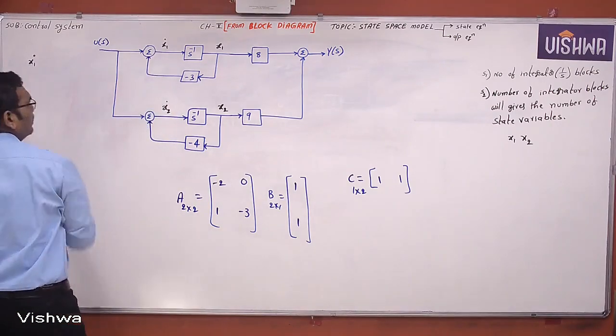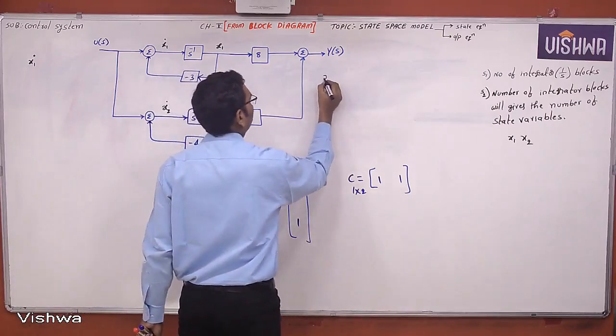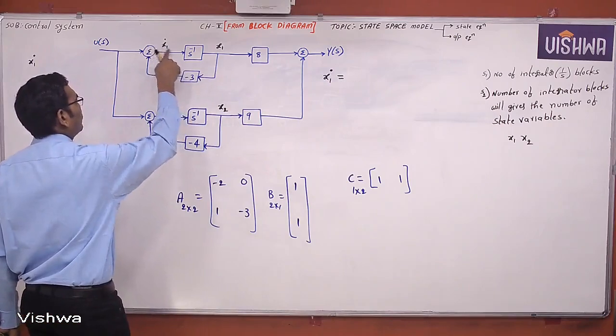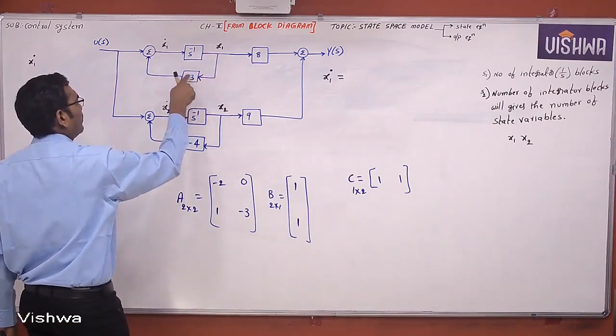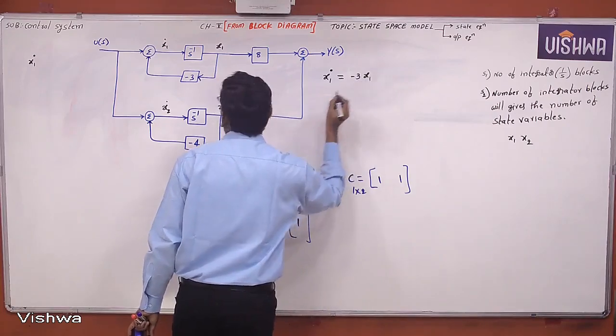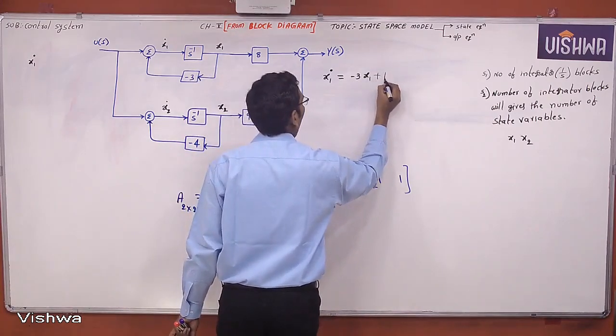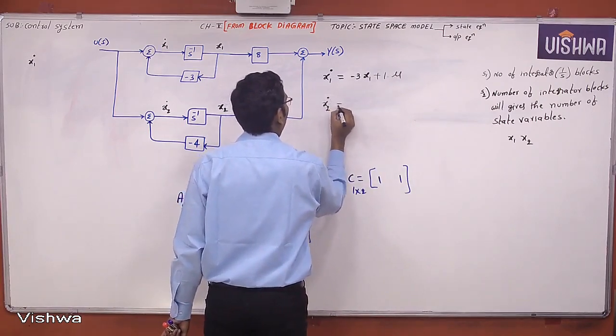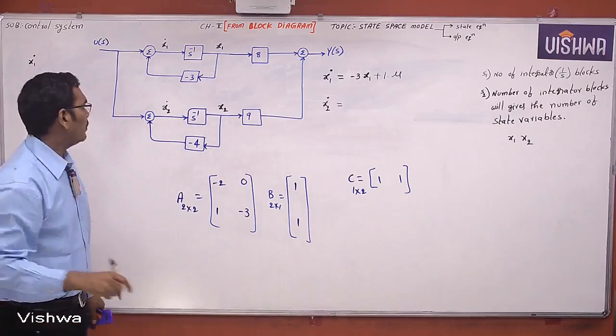What is the x1 dot equation? It is the incoming branches to x1 dot. So x1 is coming with -3 x1 plus 1 into u. Now what is x2 dot?